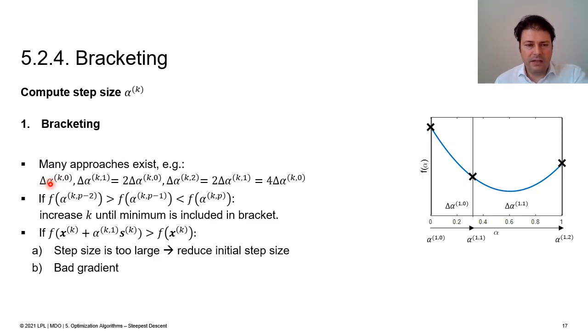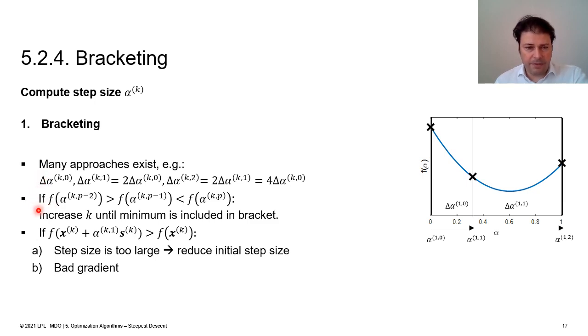We would need 10,000 steps until we included that optimum if we only increased our interval linearly. But if we increase it exponentially, then after even 5 iteration steps, we have a bracket that does include the optimum. So it's fairly fast, even if your initial interval increment is much smaller than the distance to the actual optimum.